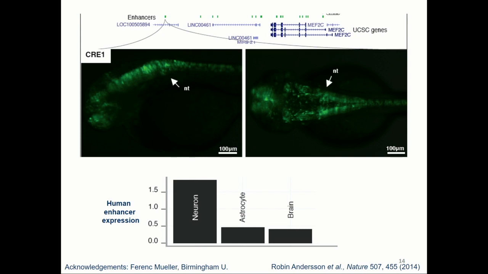Human enhancers can also recapitulate the expression in zebrafish, so even if there is no obvious conservation of long stretches of DNA, they can still, in about 50% of cases, recapitulate expression in a specific fashion. Here, in this example, we see expression of a reporter gene in neurons.